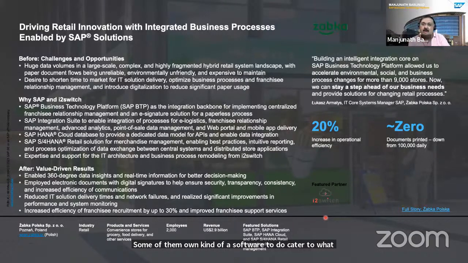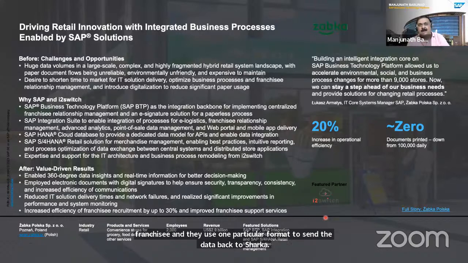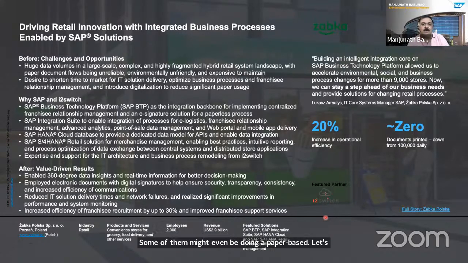Some of them might even be doing a paper-based inventory of how the franchisee is doing. So the data, and the relationship between Żabka as the chain itself and the franchisees who are running the actual stores, was becoming very, very fragmented.